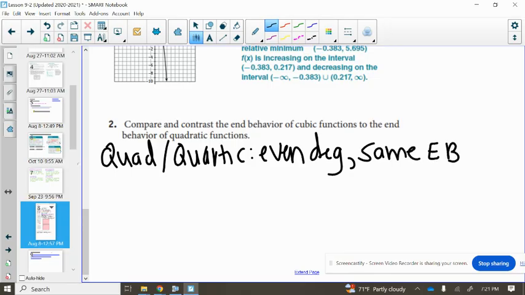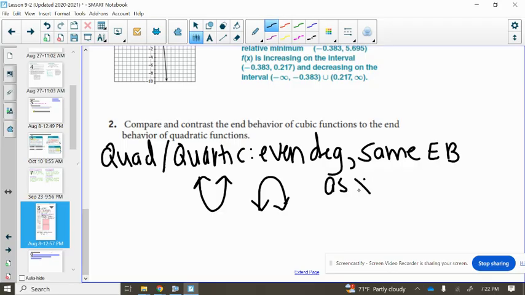What do I mean by that? They're either going up in both directions or down in both directions. I'm specifically saying quadratics, but this is going to work for your quartics, your even degrees in general. Your end behavior will be the same.